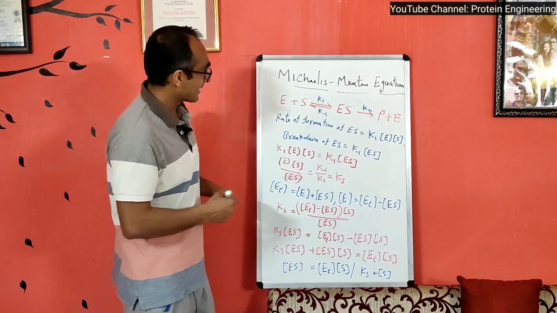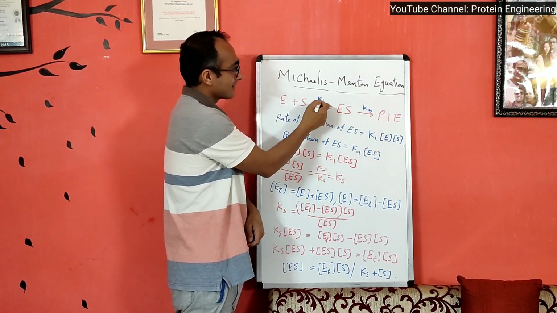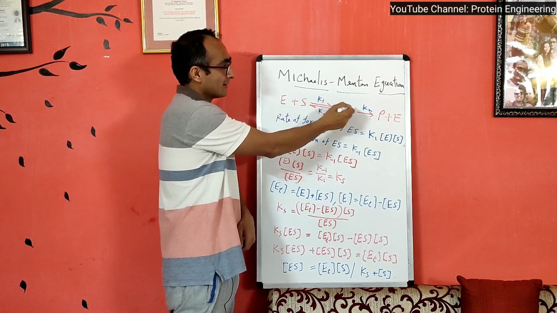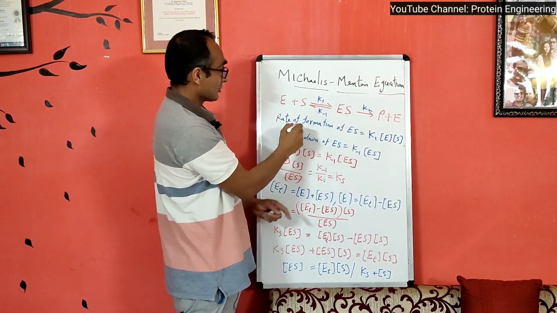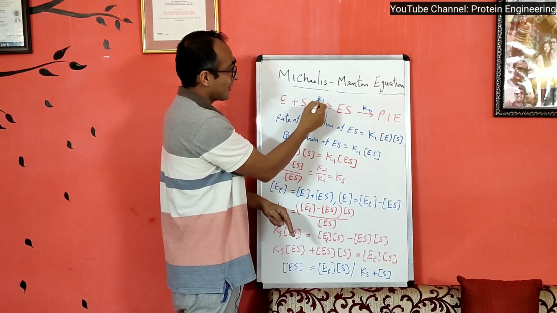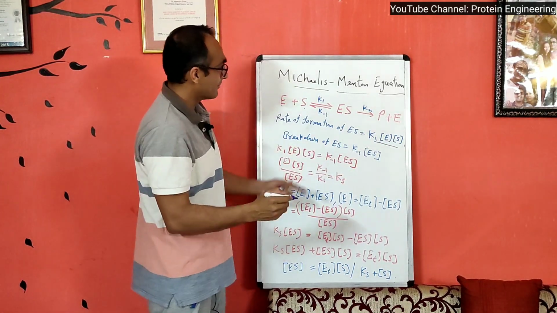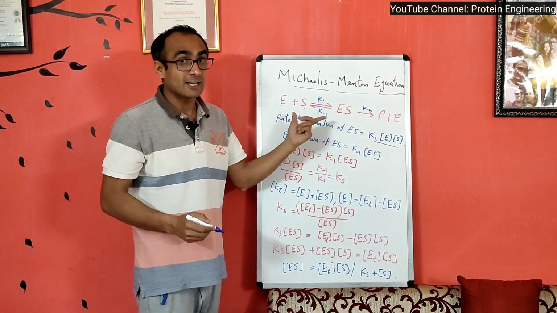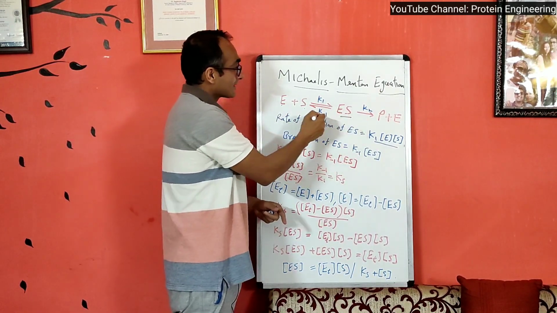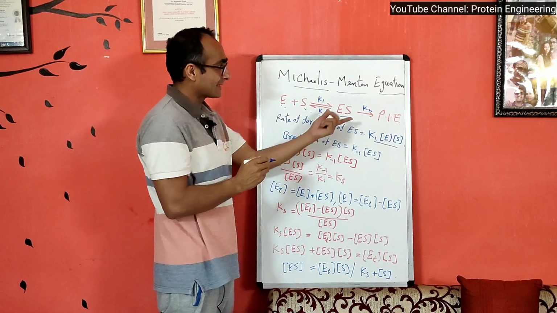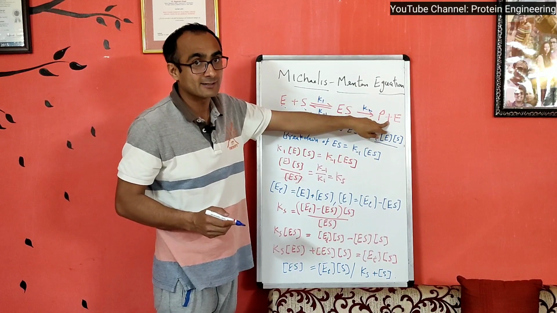So if we calculate, the rate of formation of ES complex would be equal to K1. K1 is the rate constant for formation in the right hand side direction. K minus 1 is for splitting ES complex into E and S. So rate of formation of ES complex is equal to K1 times the concentration of E and the concentration of S. Similarly for breakdown, as per the Michaelis-Menten hypothesis, the ES gets split into E and S, and this splitting is not influenced much by the formation of product.